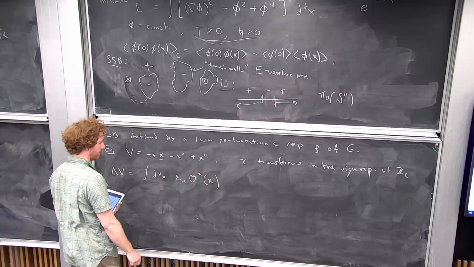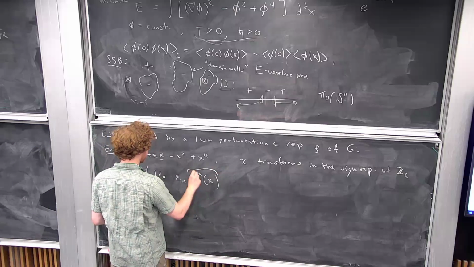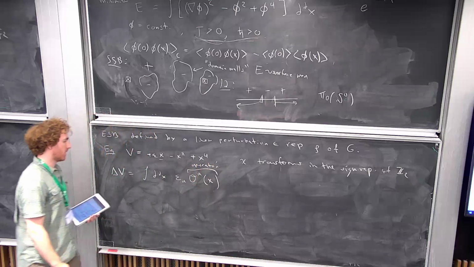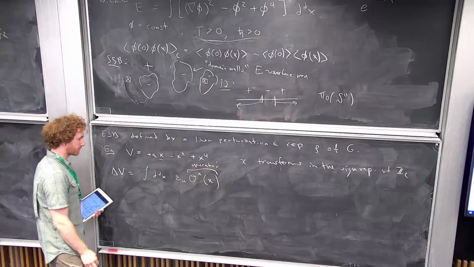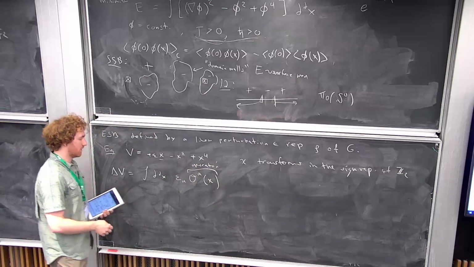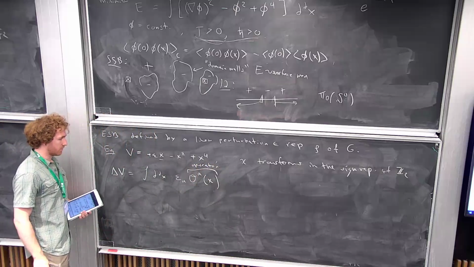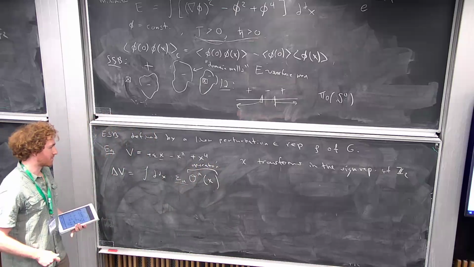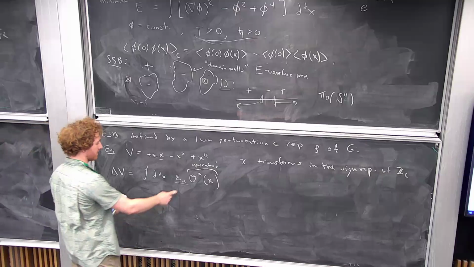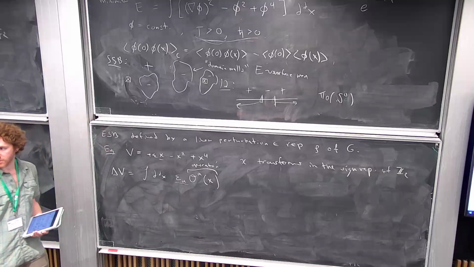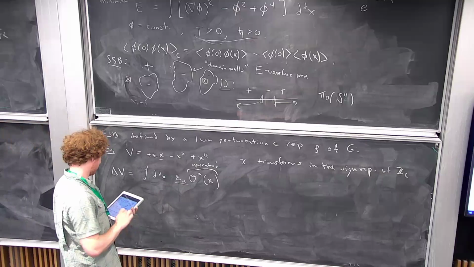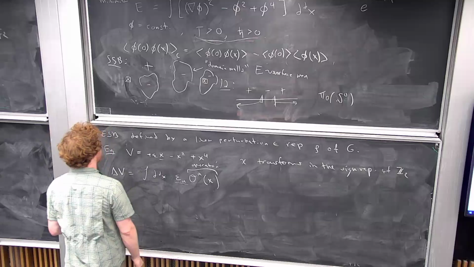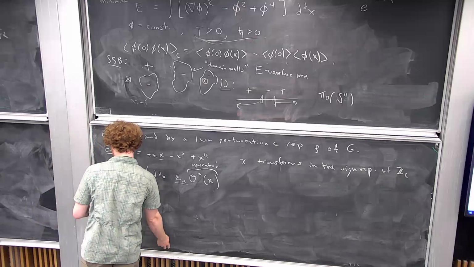Thinking in field theory, this O_A of x is some kind of operator, for example phi, which is an allowed perturbation of our theory, and these epsilons are parameters that now carry an index for this representation rho.